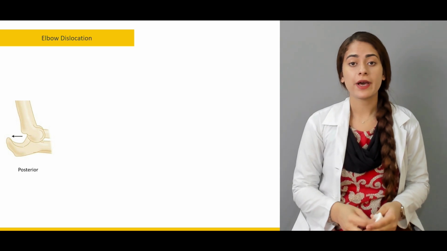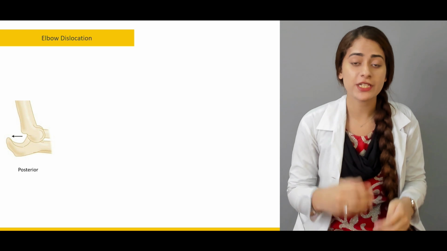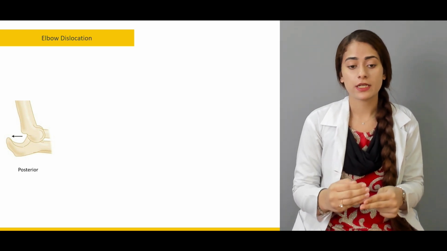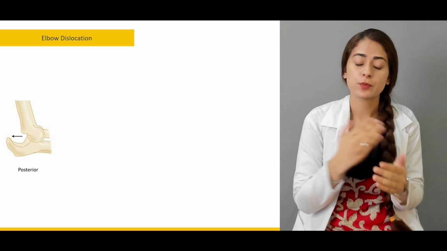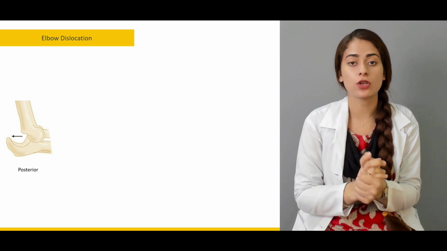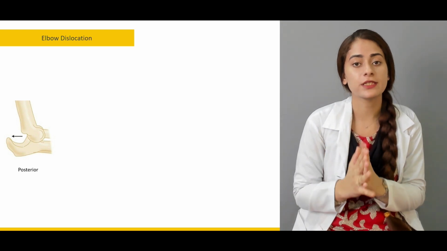Now we're going to talk about dislocation. In the introduction, I said that we name the dislocation as posterior or anterior based on the position of the radius and ulna, specifically the ulna.